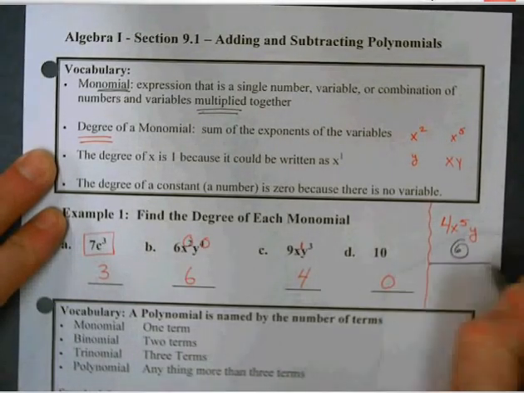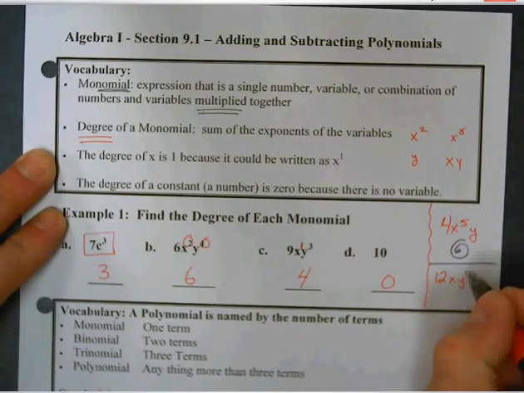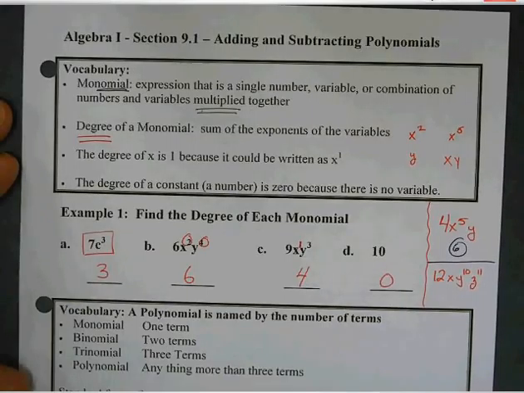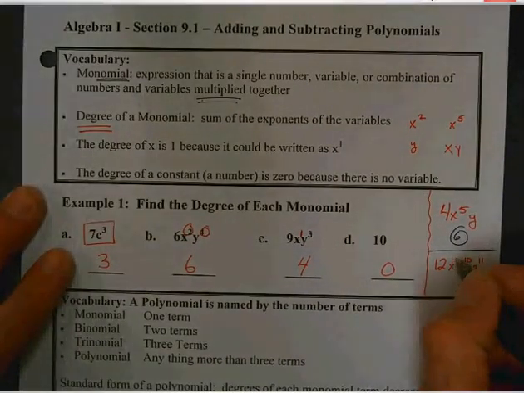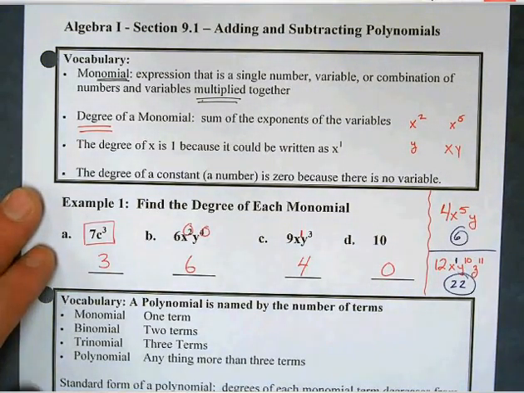Okay, next one. 12x y to the 10th z to the 11th. Not 21? You're sure? Because x is 1, so the degree is 22. How many got both right? All right, I think we're good.